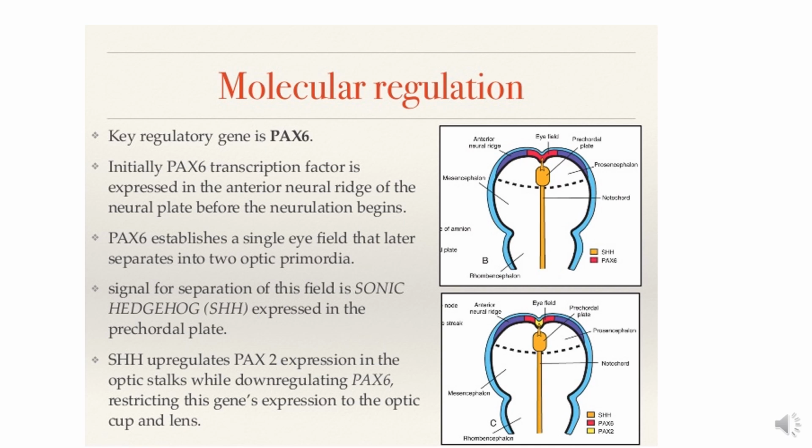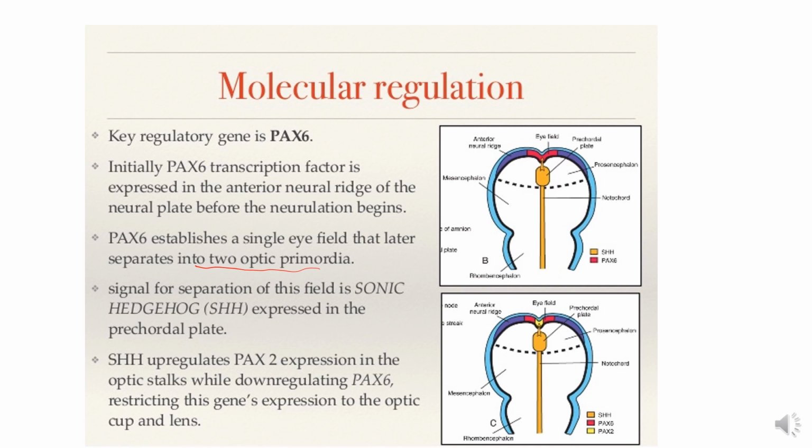In the molecular regulation of eye development, the key regulatory gene is PAX6. Initially, this PAX6 transcription factor is expressed in the anterior neural ridge of the neural plate, before neurulation begins. PAX6 establishes a single eye field that later separates into two optic primordia.